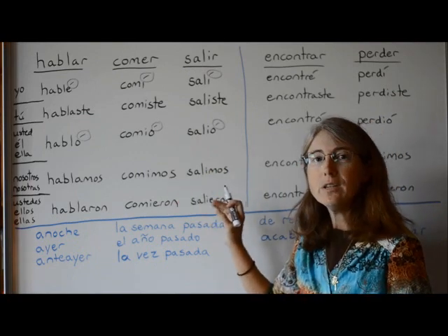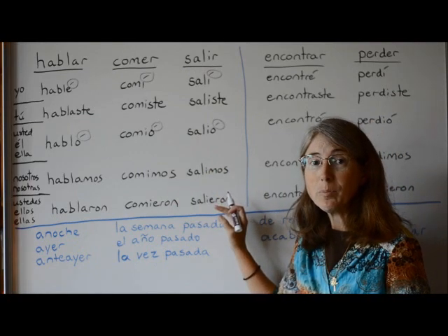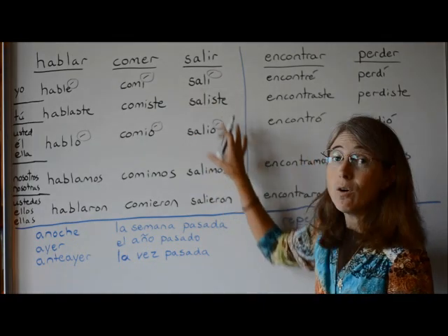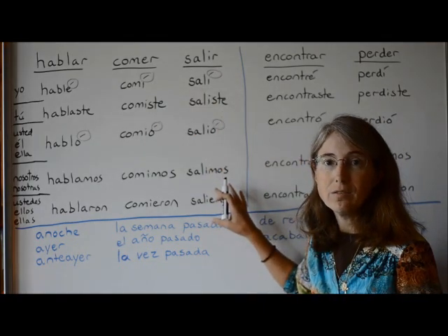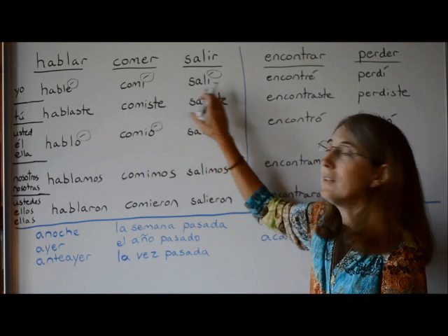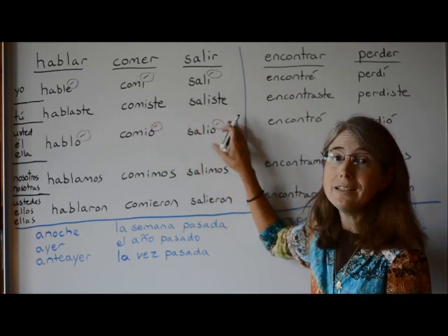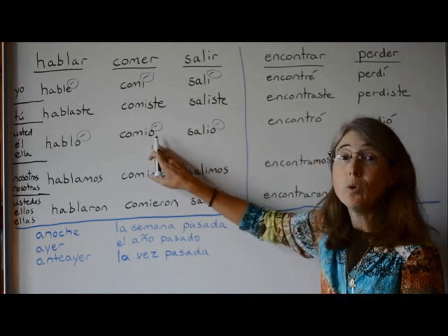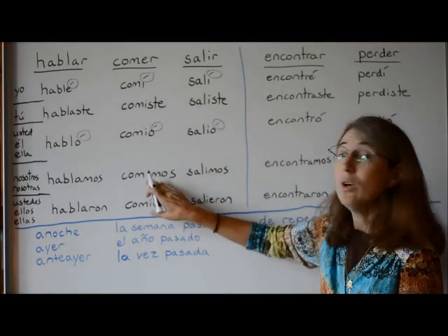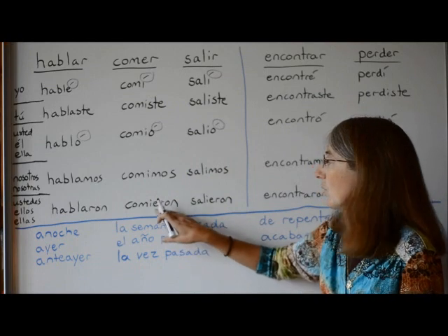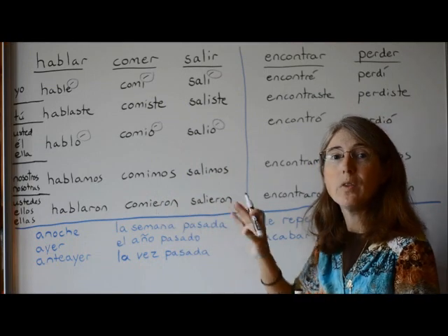Now, for ER and IR verbs in the preterite, they all have identical endings, okay? Comí, salí. Comiste, saliste. Comió, salió. Comimos, salimos. Comieron, salieron. They're identical.